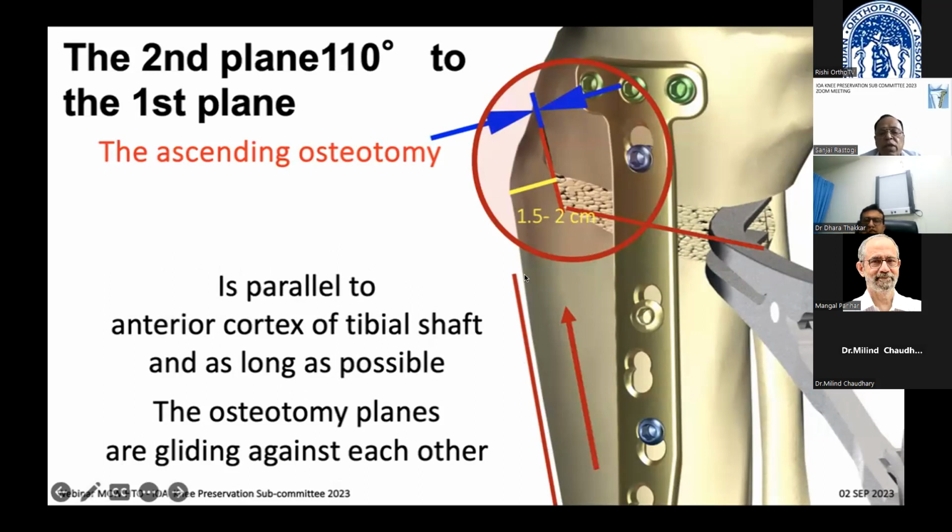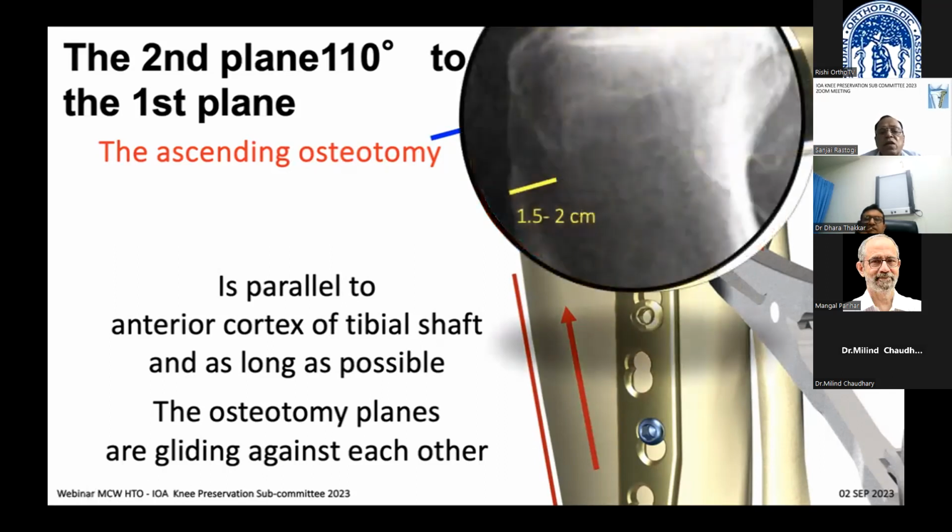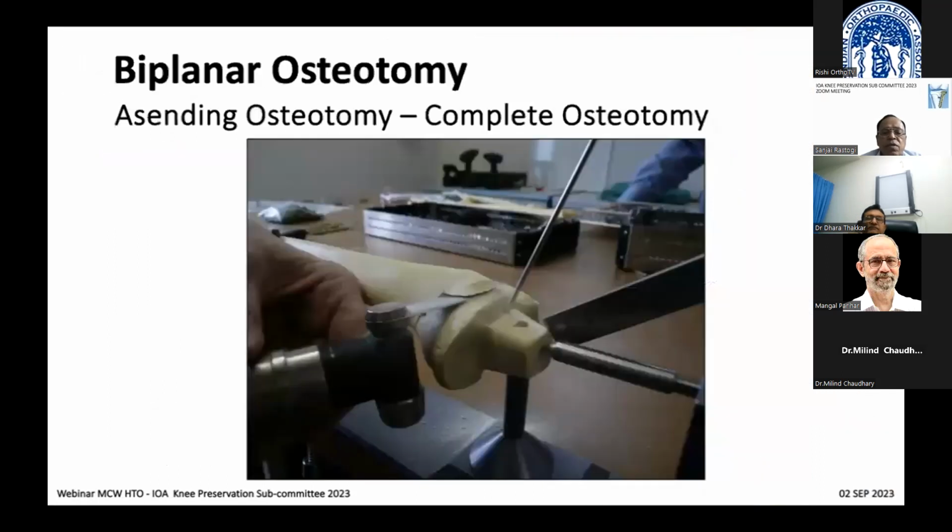The osteotomy planes glide over each other, and this is the area where the healing first takes place. So it should be as long as possible, and should not enter the knee joint or go below the tuberosity. So this is the window from where we can make the ascending osteotomy.